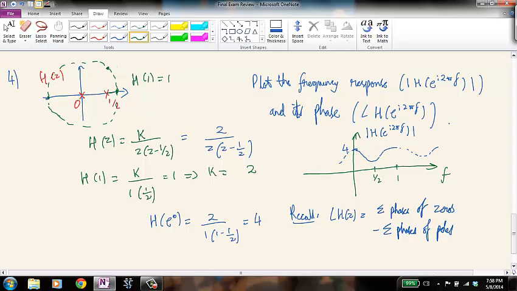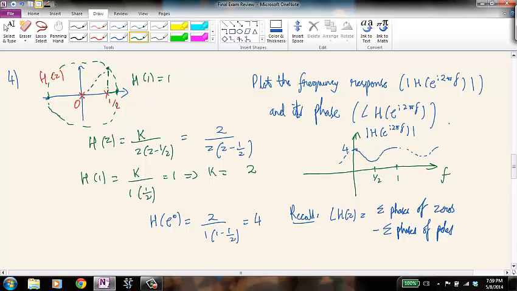When you reach this point on the unit circle, you can see that this angle is going to be 90 degrees for this pole here, but this angle is still going to be like 30 or 45 degrees. So you can figure this out exactly as you go along the unit circle, how your phase is going to change.